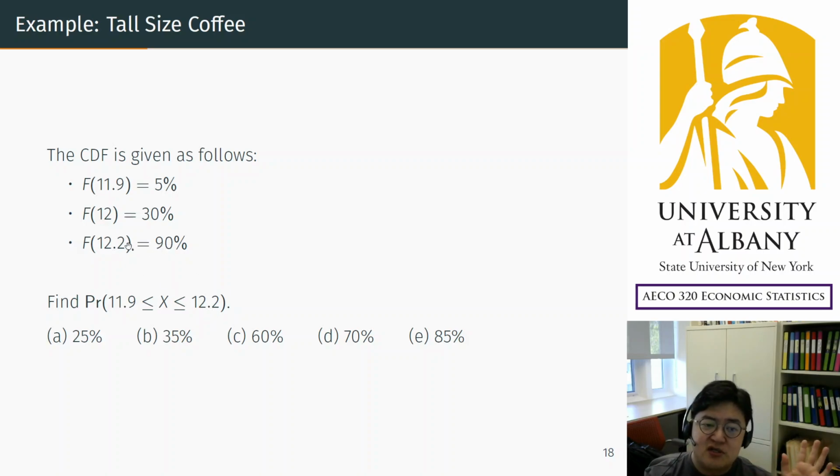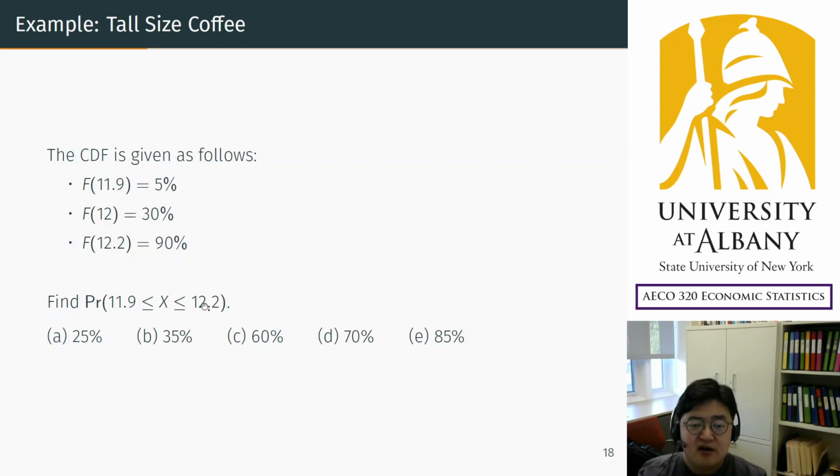So think about this. The probability of being less than 12.2 ounces is 90%. So if you randomly choose 100 coffees, 90 of them are less than 12.2 ounces. But among them, 5 are even less than 11.9 ounces.